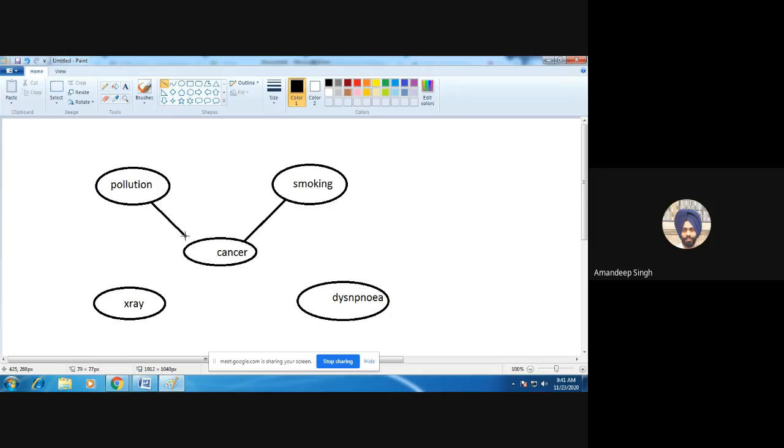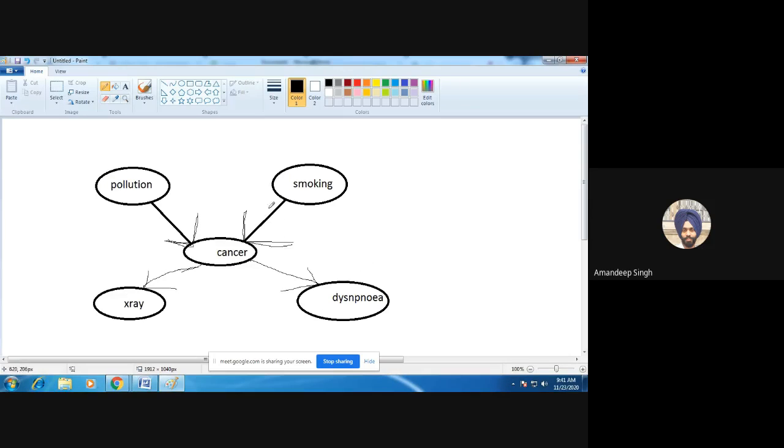We have the flow like this, from this way. From this, the flow is like this, and from this, the flow is like this. Now from the diagram, you might be observing that the information is flowing like this.